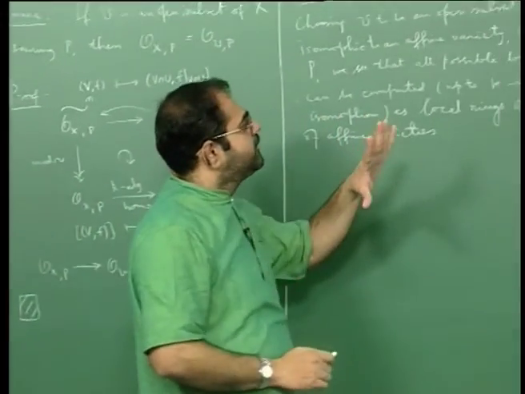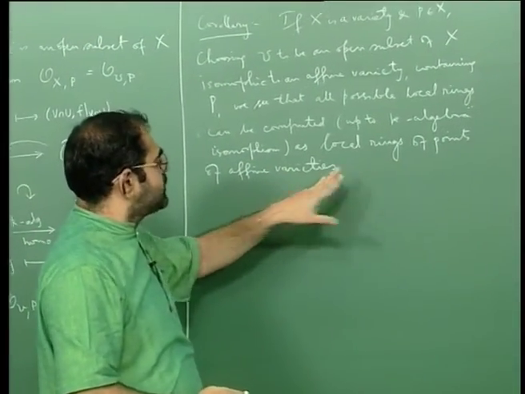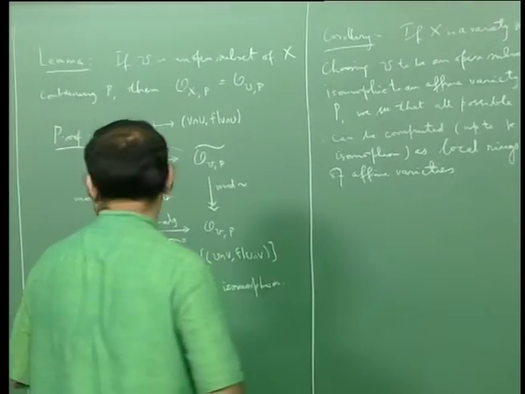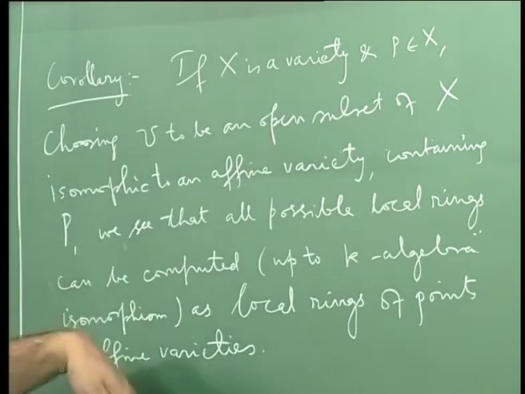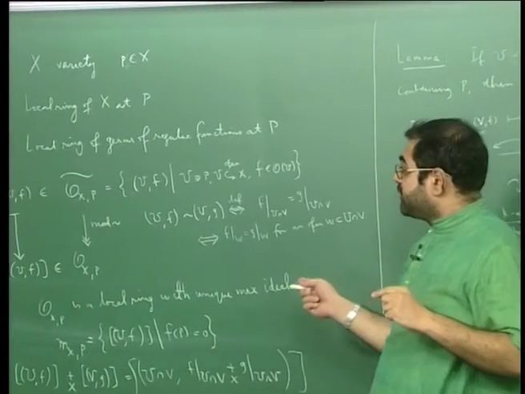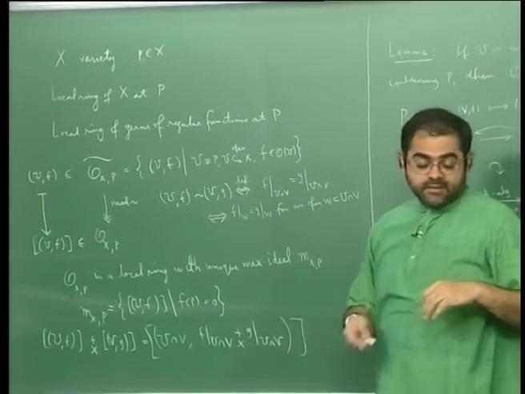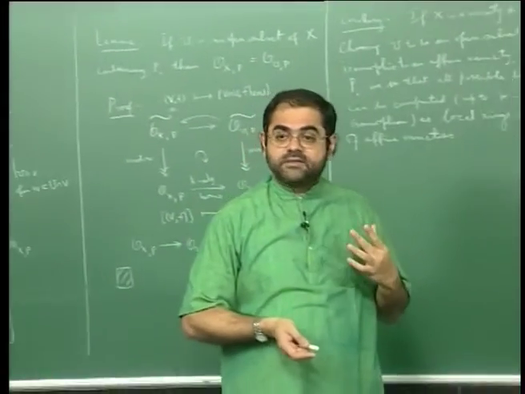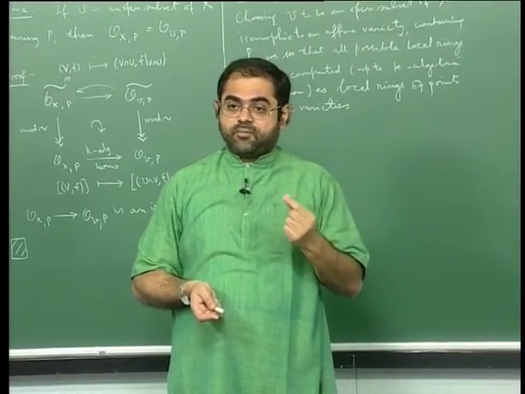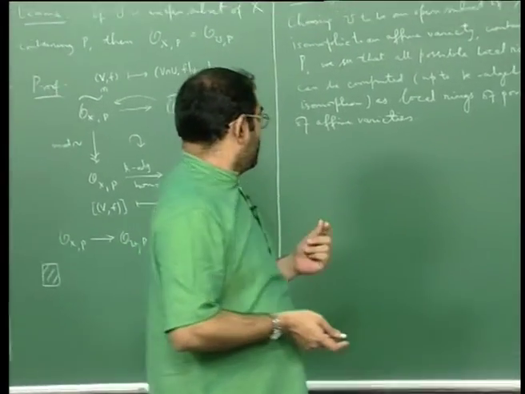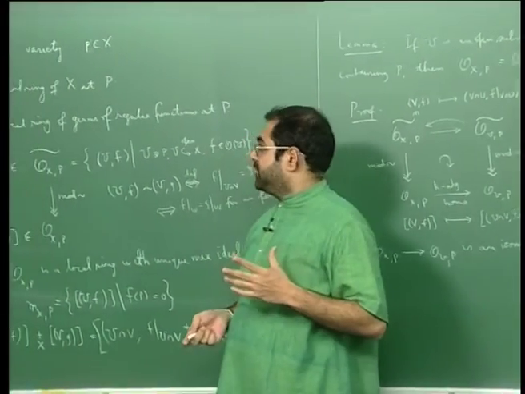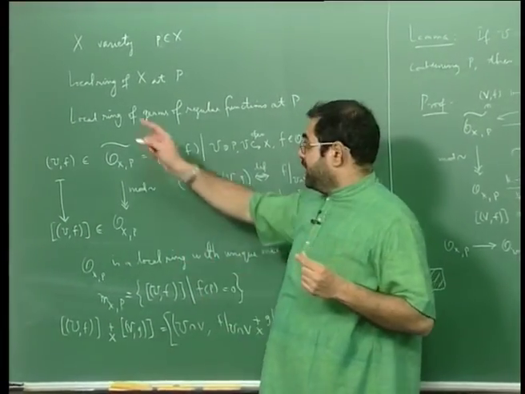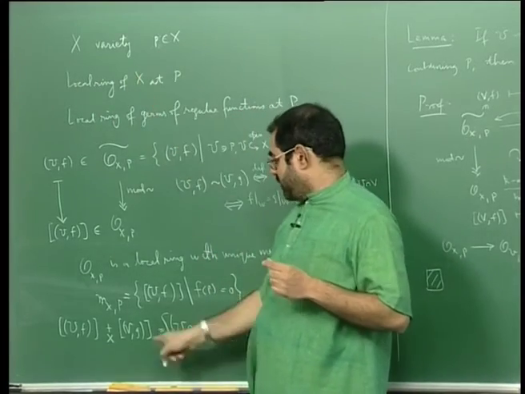So finally, there is another thing that has gone in between the lines, which I should have said, but I will say that now. I want to say that this local ring is an invariant of the point on the variety. What I am trying to say is that it does not change under isomorphisms. If you have a variety and a point, then you have the local ring at that point.